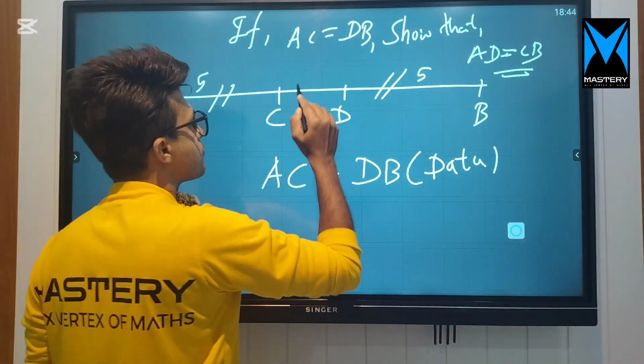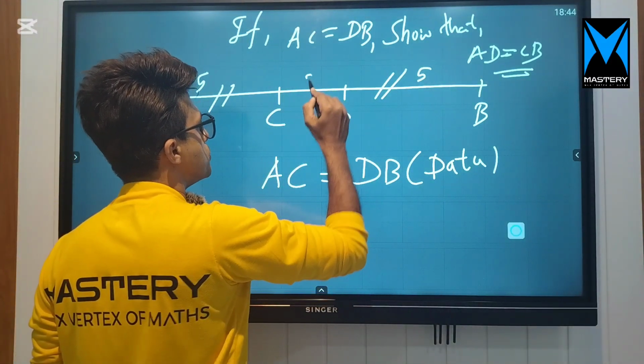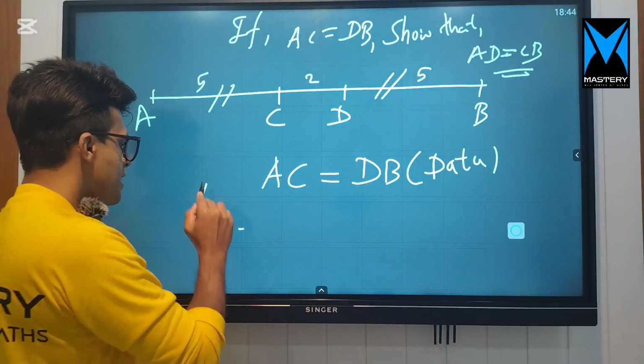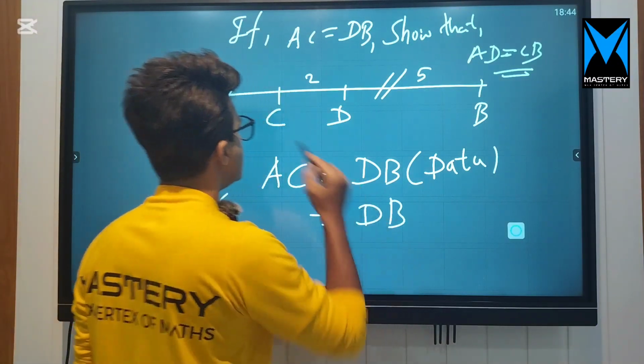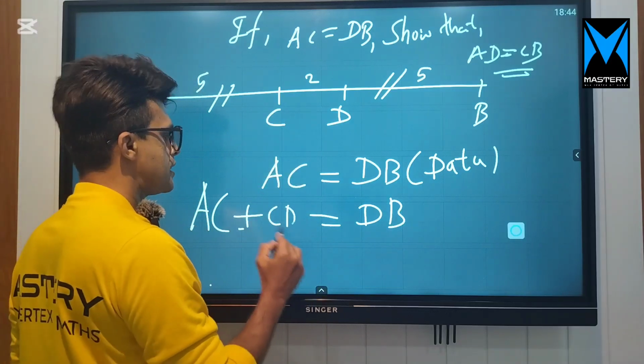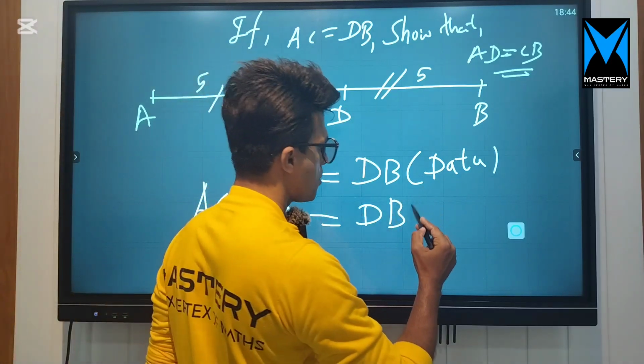So if CD equals 2, then what I'm doing here is adding CD to both sides of AC. That's a common one. Here CD, and here also we can add CD.